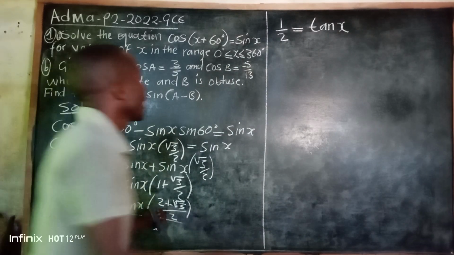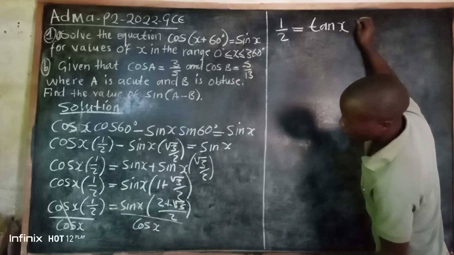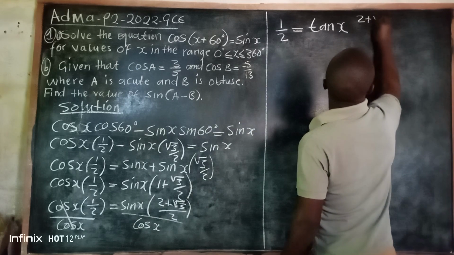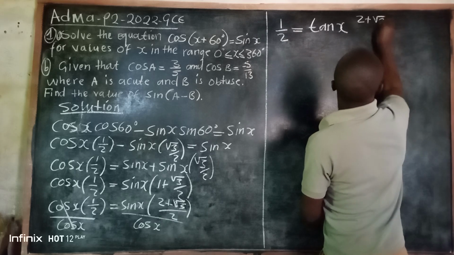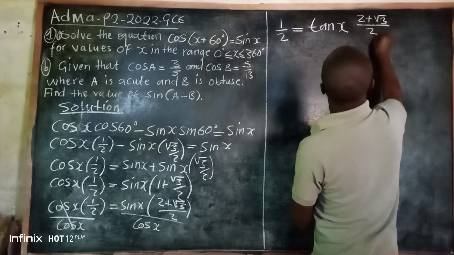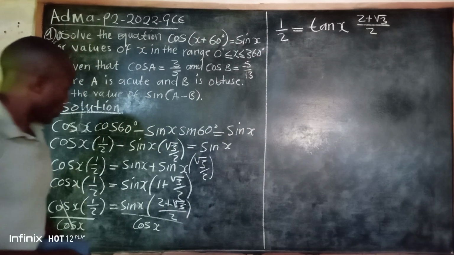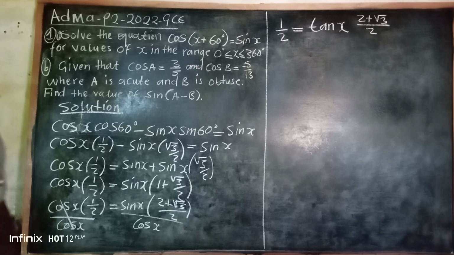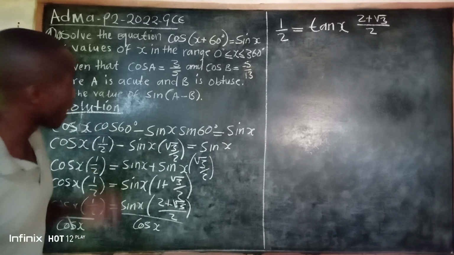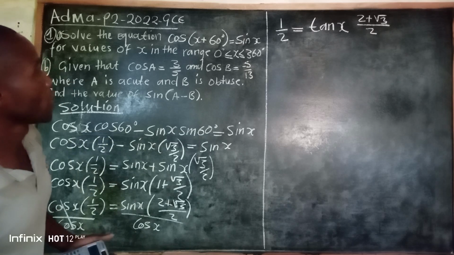Remember what do we have there? We have 2 plus the root of 3 over 2. That is what we have. I'm sure you are following me step by step and see how we are progressing with our given question.